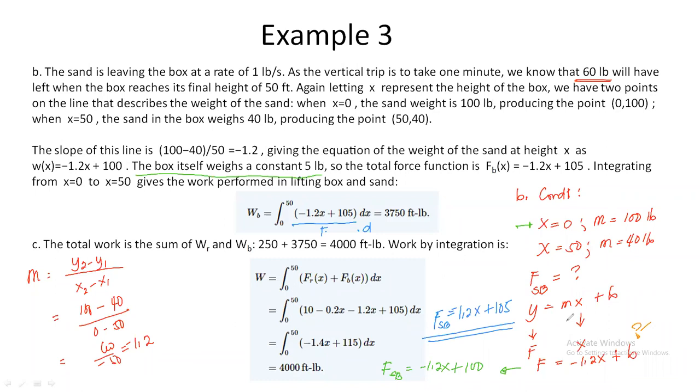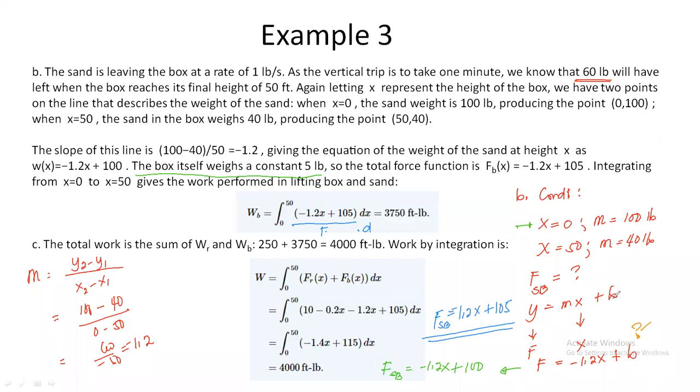So you found the slope of the line relating the force to the mass and the displacement to the conditions that I have written here. You got the y-intercept of this form of the line equation by substituting 0 for x here and then substituting 100 here. So you will have B equal to 100.